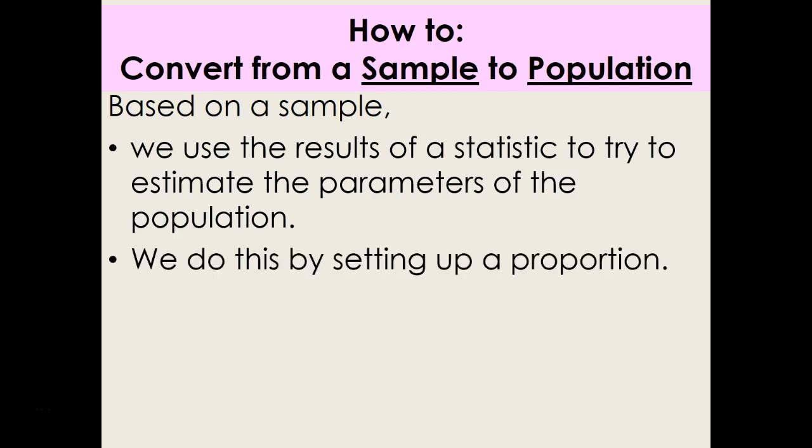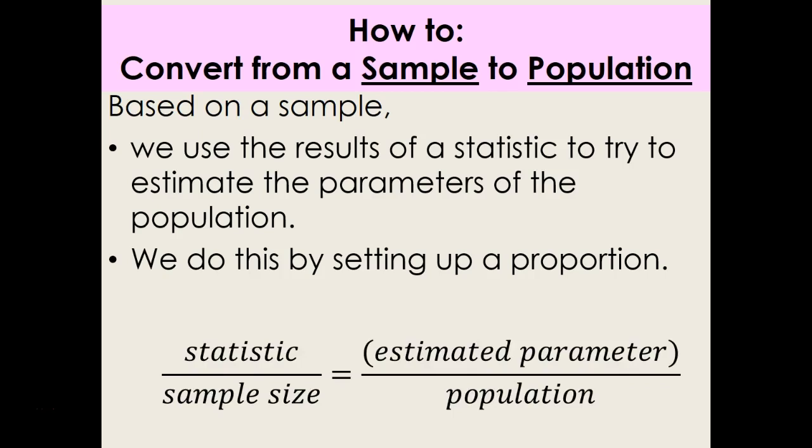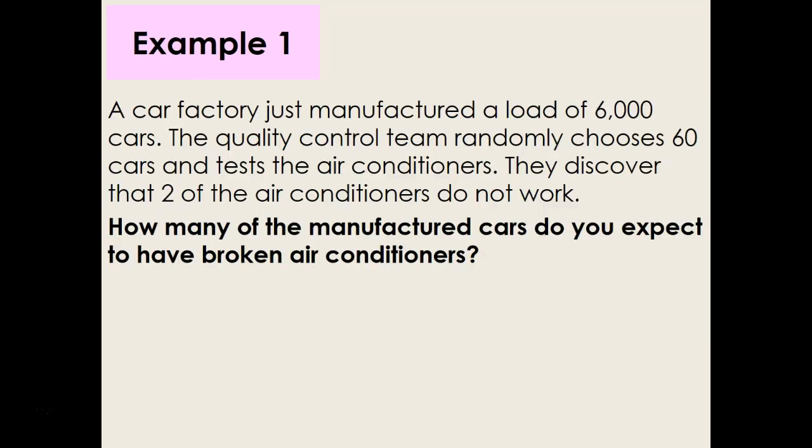We can do this in some cases by setting up a simple proportion, which looks like this. The statistic, which is the proportion out of our sample size, is equal to our estimated parameter out of our population size. For example, a car factory just manufactured a load of 6,000 cars, but they don't want to test all 6,000 of those cars.